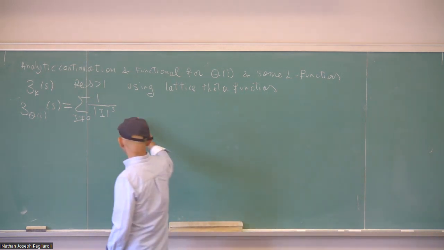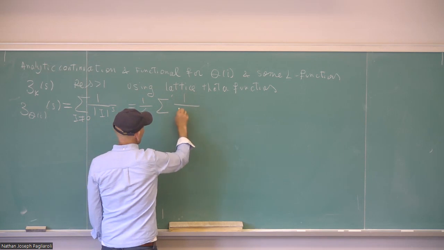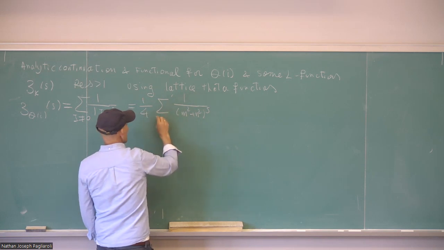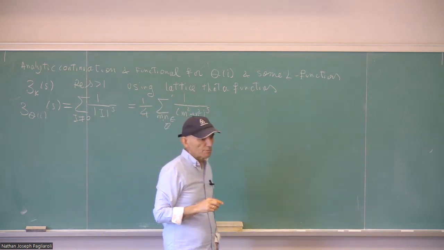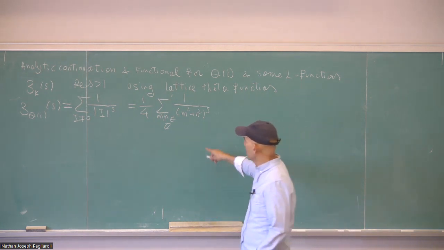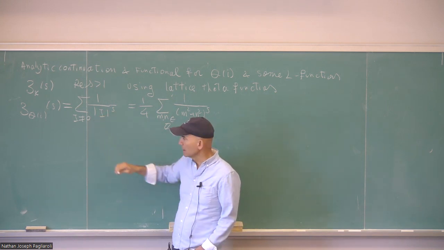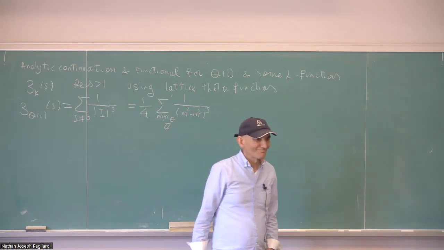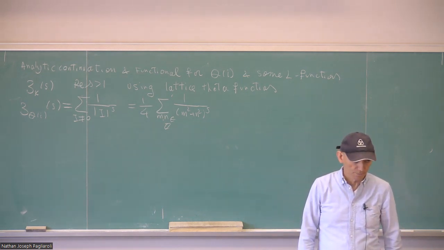And we saw that this is equal to a quarter of the sum of 1 over (m squared plus n squared) to the power s over m and n in Z. The prime means that we exclude 0, 0: the lattice point with both coordinates 0 cannot enter, because that would correspond to the ideal 0, and that's not what we want. And why is there 1/4 here? Because we are overcounting. There are 4 of them. We discussed that.